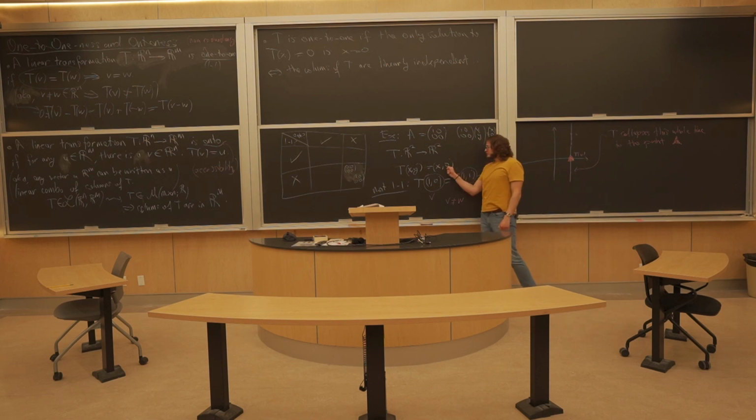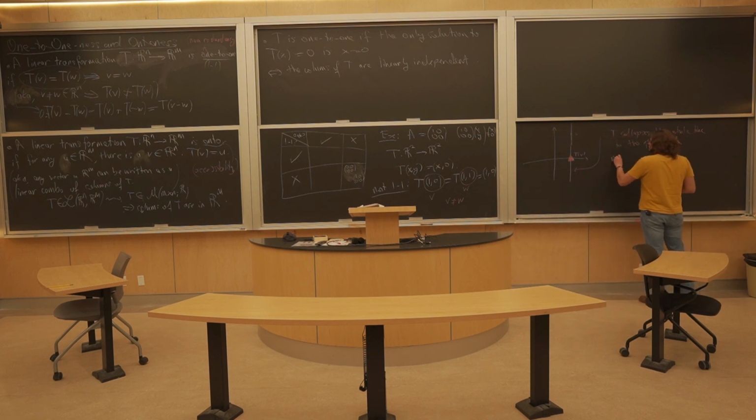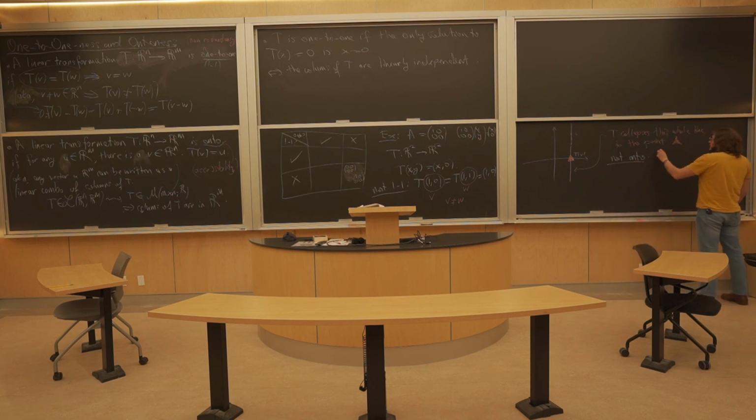Because you're losing information if you apply T, which means that you won't be able to solve for any output value whatsoever. So not onto. For instance, T of (x, y) equals, let's say, (0, 1). In terms of matrices, A times (x, y) equals (0, 1). This has no solution. Okay?